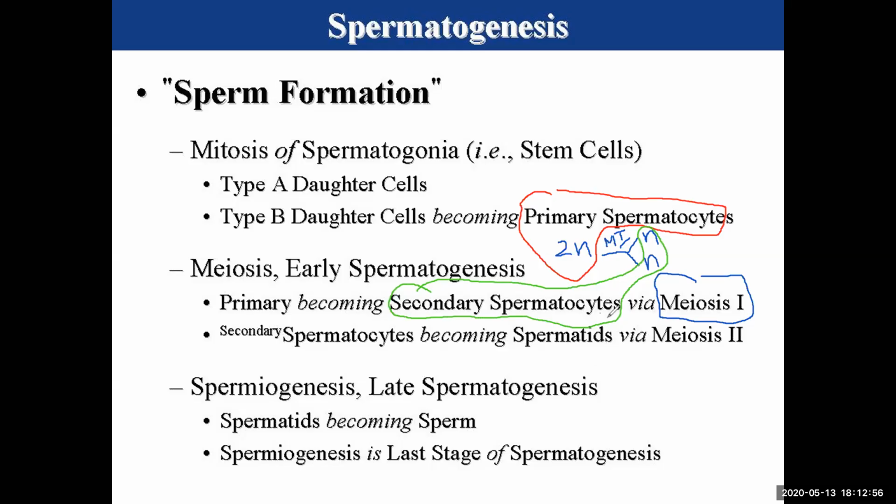And these secondary spermatocytes are haploid. Haploid means only 23 chromosomes. Half a set of the full complement of chromosomes in a diploid cell.